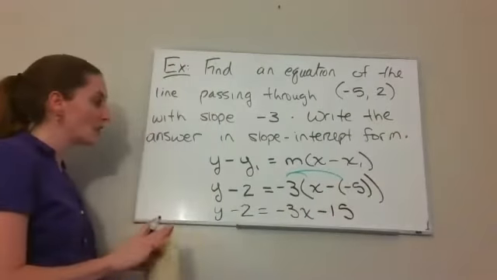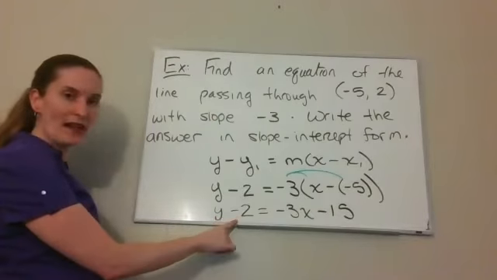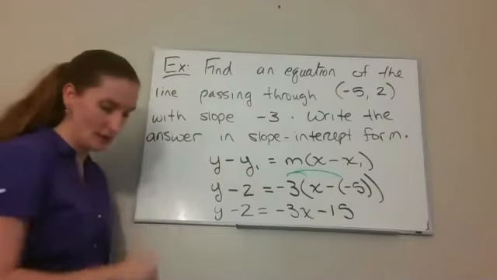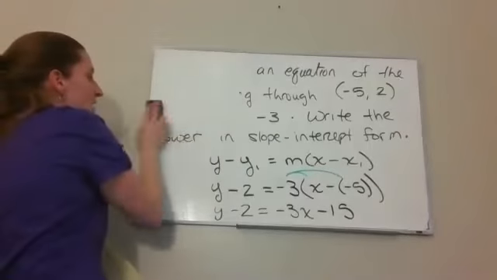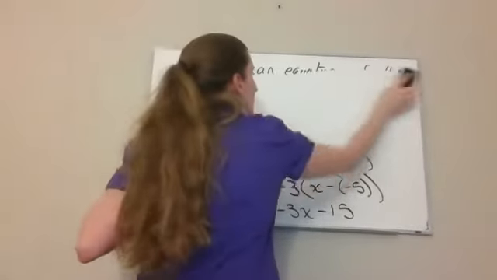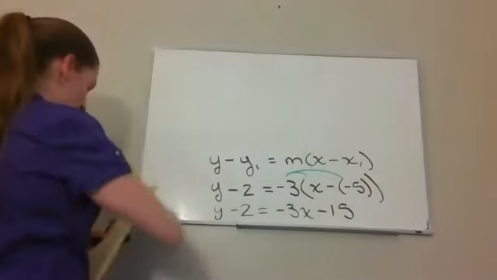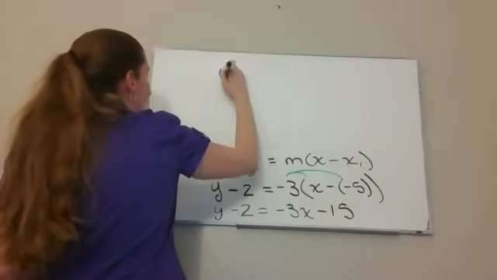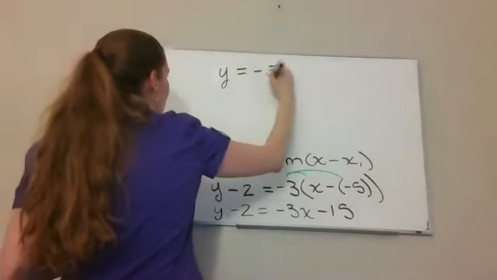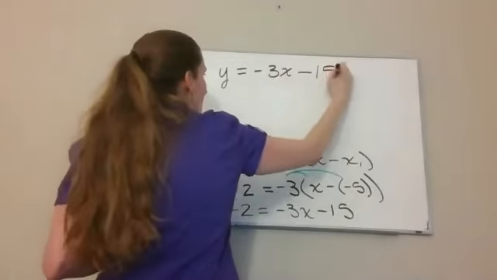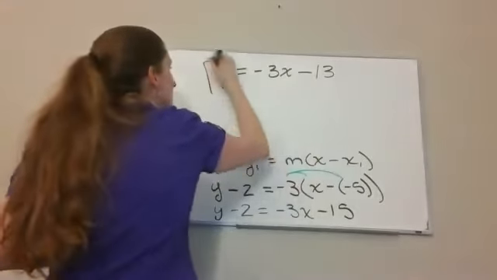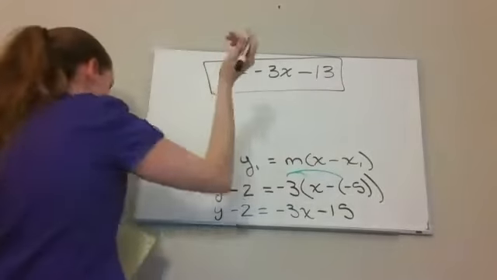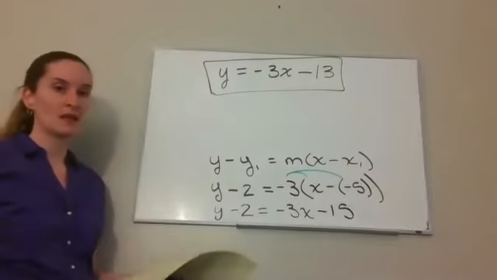And then to get it in slope-intercept form, all I have to do is add this 2 over to the other side and we'll have our answer. So when I add 2 to the other side, we get our answer in slope-intercept form, y equals -3x minus 13. And there we go, that's all there is to it.